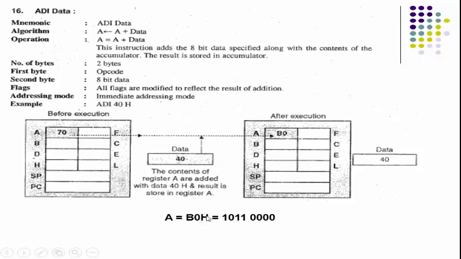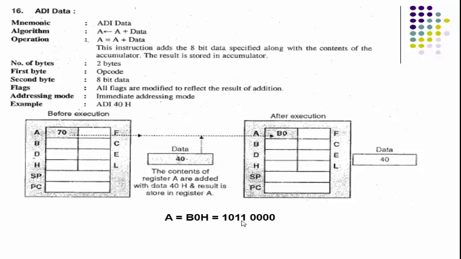So this B0 is shown in hexadecimal number system and its binary format is like this, 8-bit representation in binary format. This is the lower nibble 0000 and the upper nibble, meaning upper 4 bits, that is 1011.